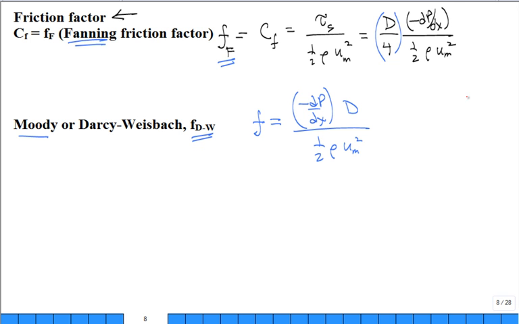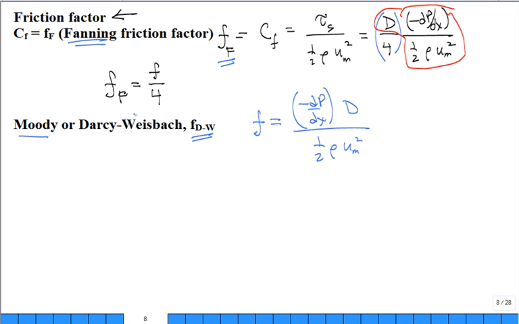I take a look. Oh, I've got the dp dx right there. I've got the d, and I've got 1/2 rho. So the relationship between the Fanning friction factor, based on a skin friction coefficient, and the Moody diagram friction factor is f over 4.